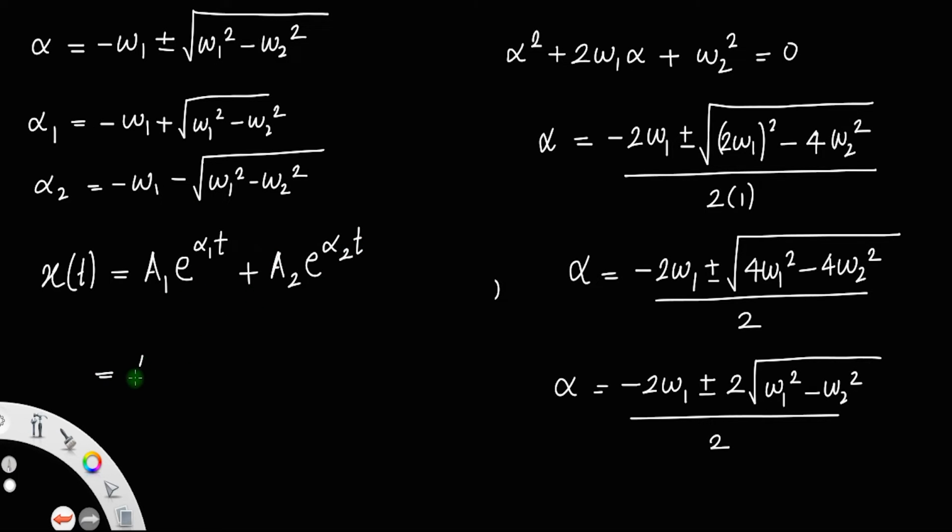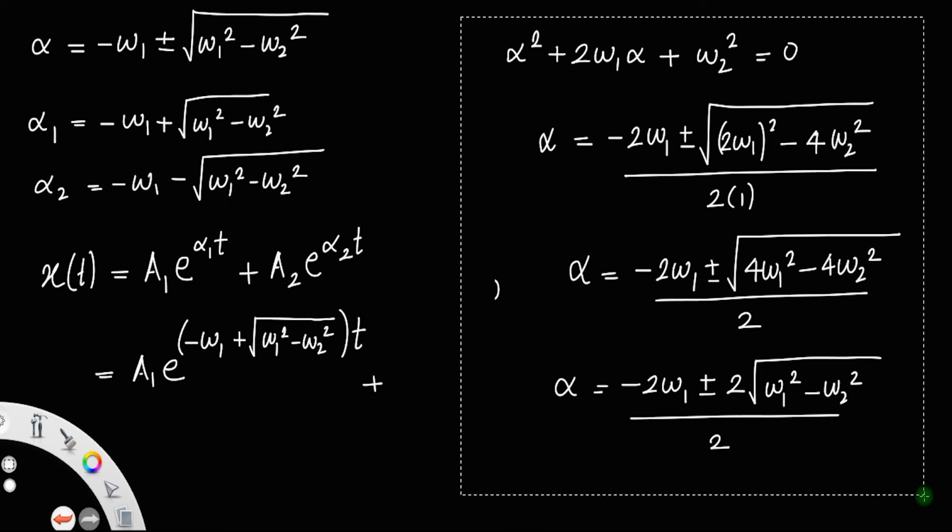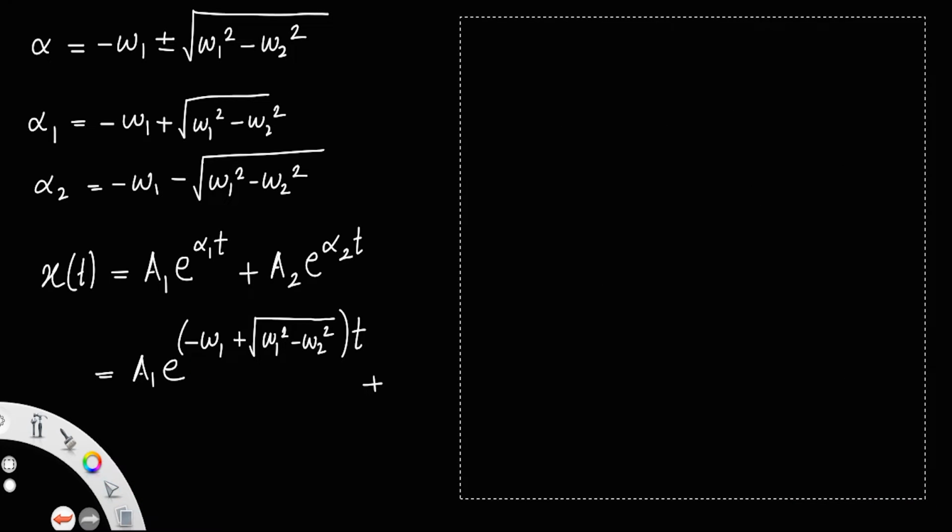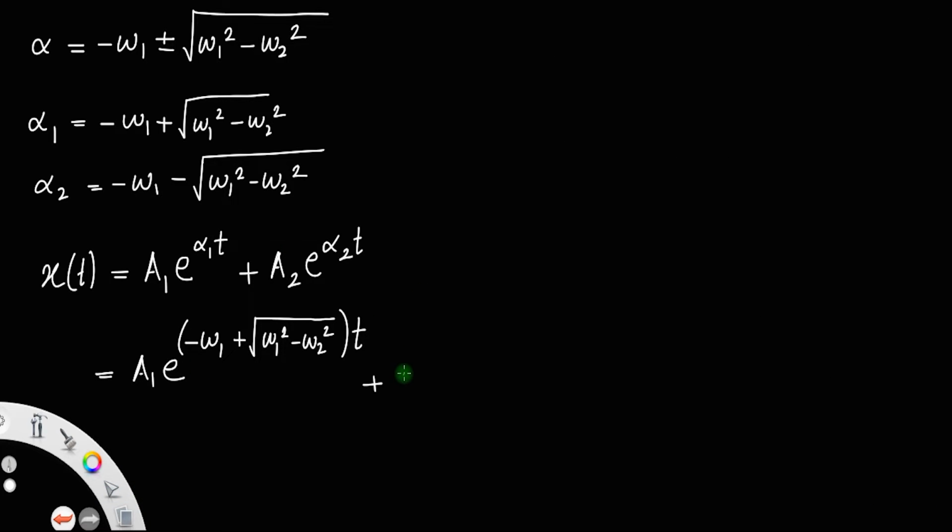So this is equal to a1 e raised to alpha 1 is minus omega 1 plus root of omega 1 square minus omega 2 square t, plus a2 times e raised to alpha 2 is minus omega 1 minus root of omega 1 square minus omega 2 square t.